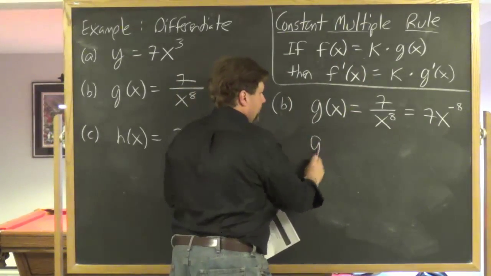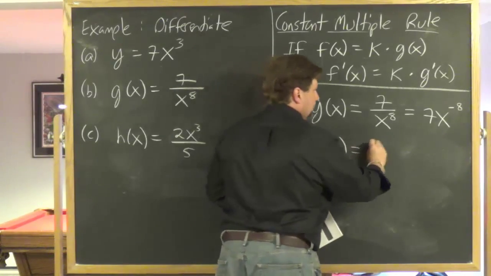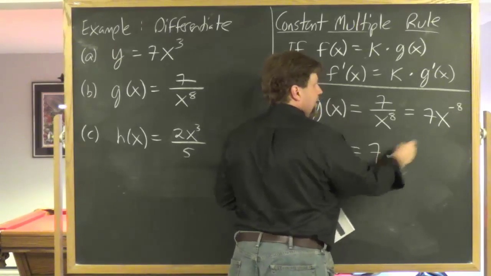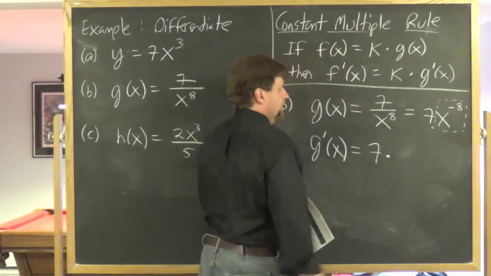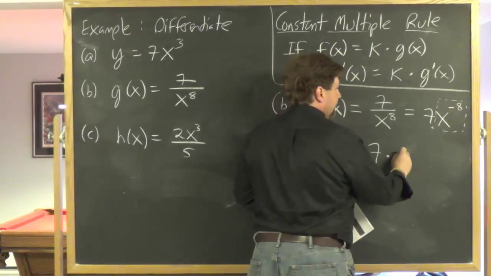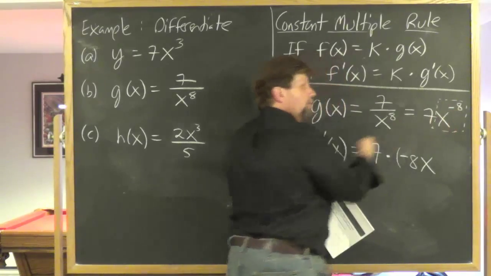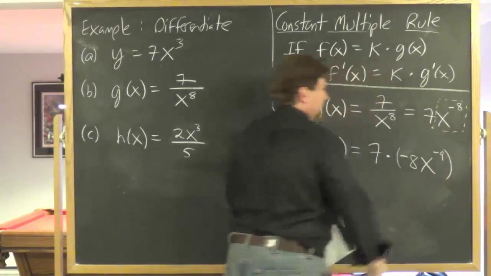So now to get the derivative, using the constant multiple rule, it'd be 7 times the derivative of x to the negative 8th. Well, the derivative of x to the negative 8th is negative 8x, subtract 1 from the exponent, negative ninth.